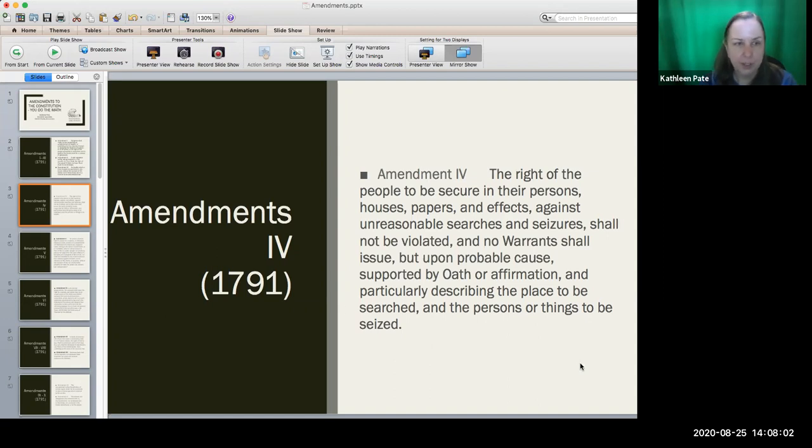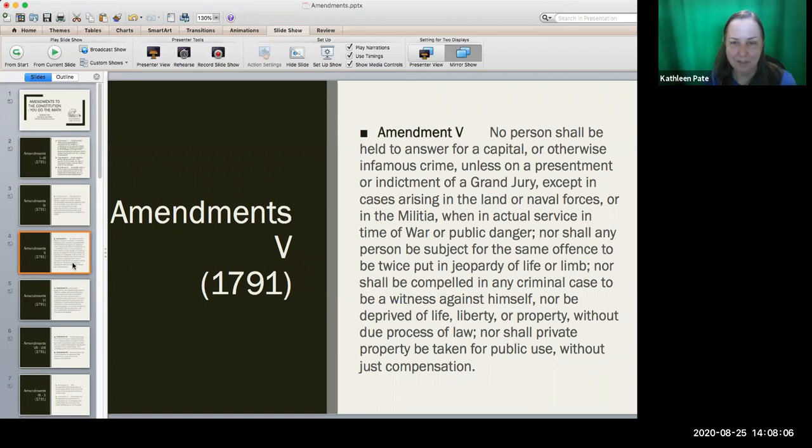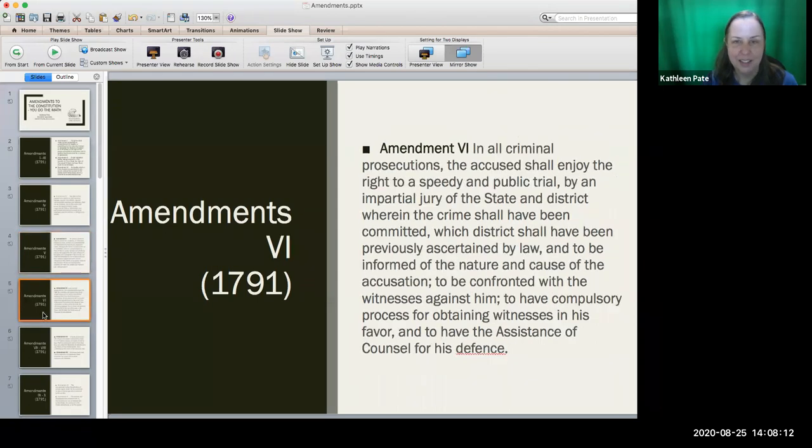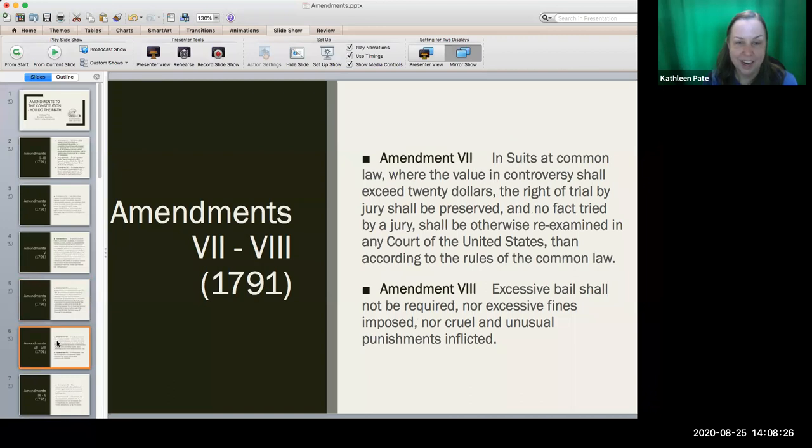Take a picture with your mind. Look at Amendment 5. Take a picture with your mind. Then 6. Take a picture with your mind and ignore that little red line. It thinks I've misspelled defense, but that is an antiquated spelling. And then look at 7 and 8.